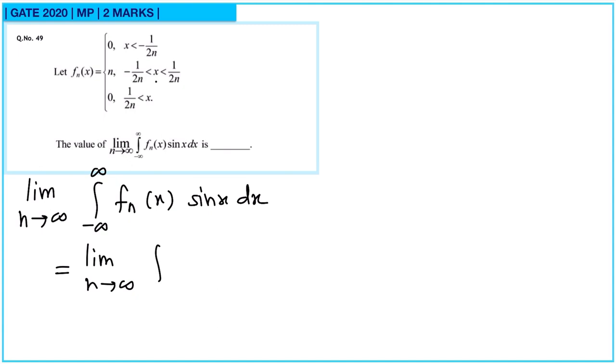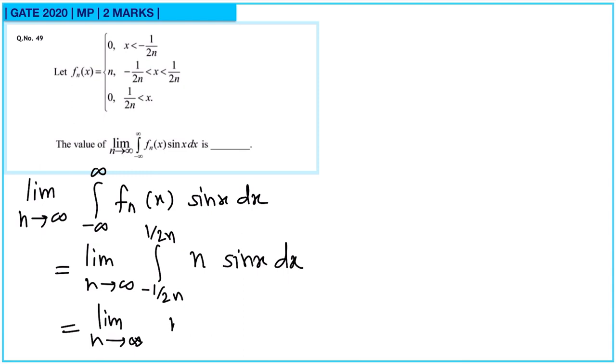It will be having non-zero value in this region only. So minus 1 by 2n to 1 by 2n, and its value is n into sin x dx. So we have limit n tending to infinity, n is constant and integration of sin x is minus of cos x, and the limit is minus 1 by 2n to 1 by 2n.